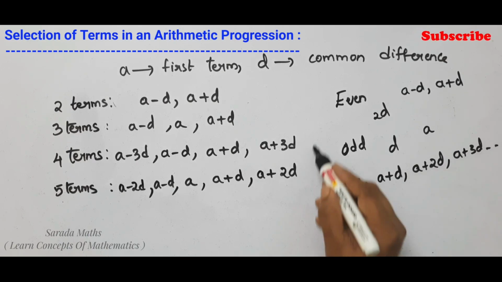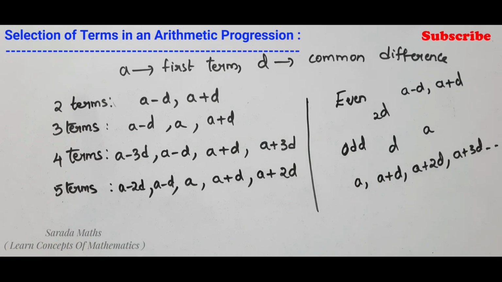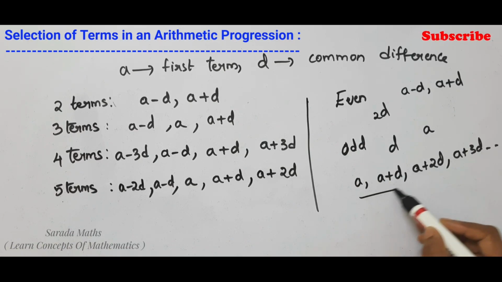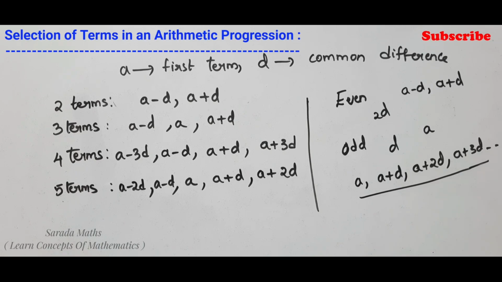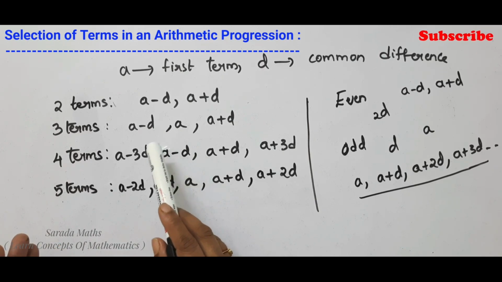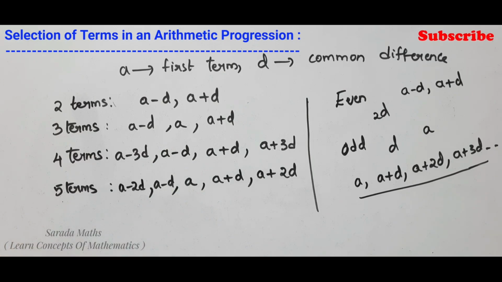If they don't mention a specific number of terms, just take these terms to solve the problem. If they specify the number of terms, whether even or odd, then use the earlier pattern and solve the problem.